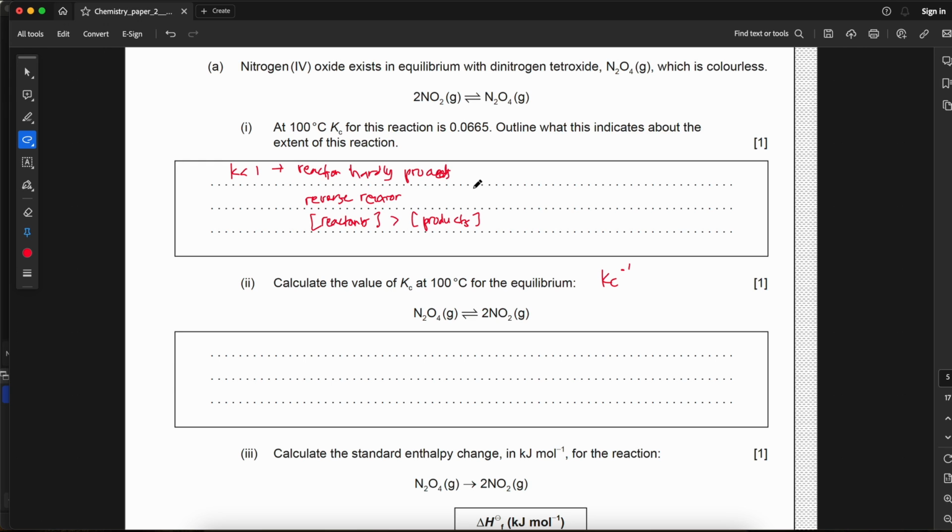When it's double the coefficient, that would be squared. So Kc will be Kc to the power of -1. So 1 divided by 0.0665, this number, and you will get 15.